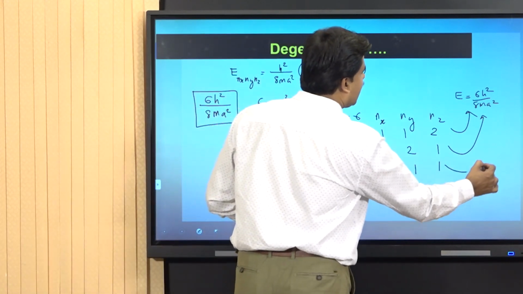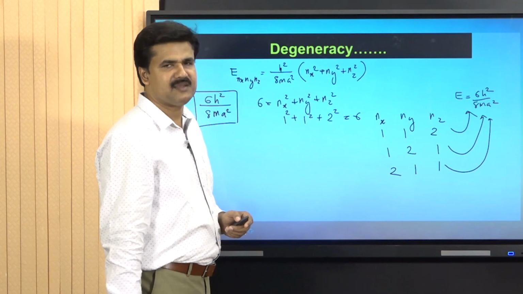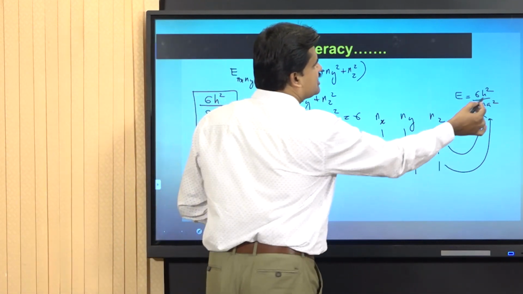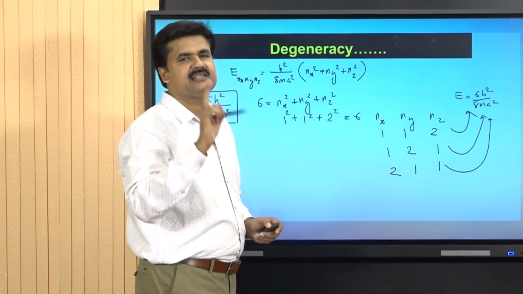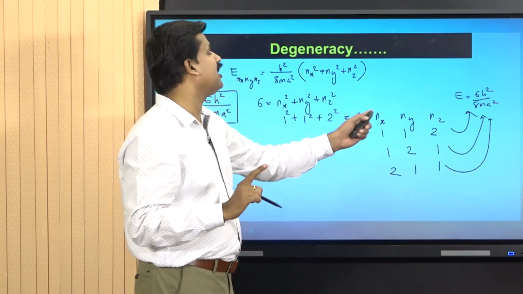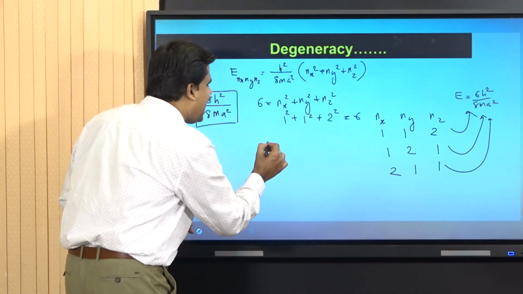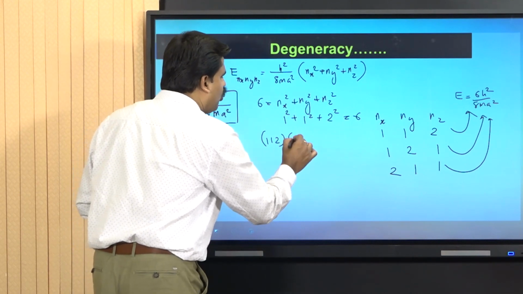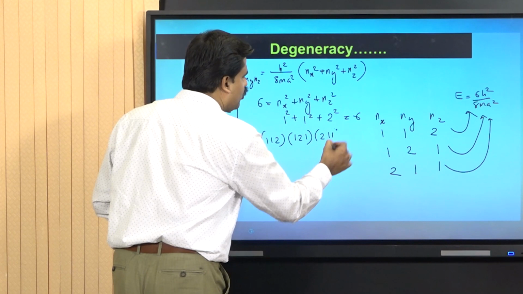This arrangement will also lead to the same energy 6h square divided by 8ma square. This means the energy level 6h square by 8ma square describes three possible arrangements based on quantum numbers nx, ny and nz. The three possible arrangements are 1, 1, 2; 1, 2, 1; and 2, 1, 1.